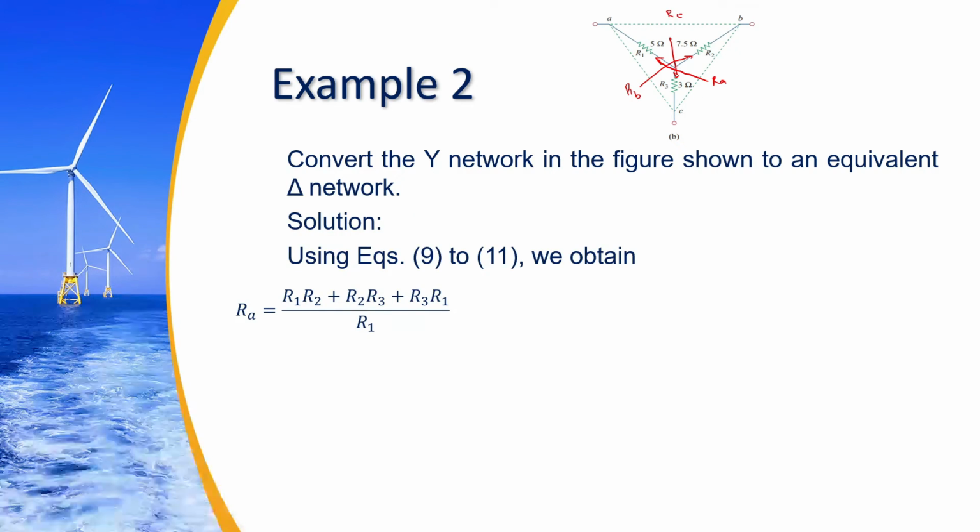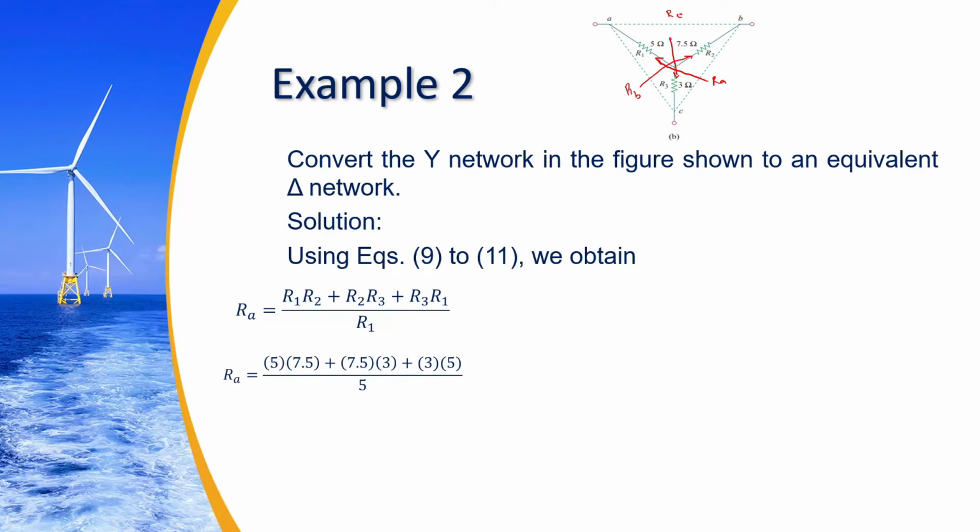Kaya kung dito tayo sa equation na to, hinahanap natin is RA. Okay? Product lang ng R1, R2, plus R2, R3, plus R3, R1. Denominator niya is R1 kasi yun yung katapat ng RA.